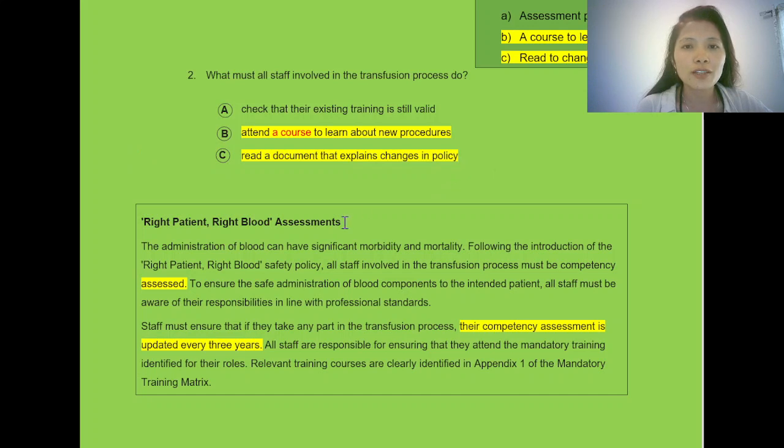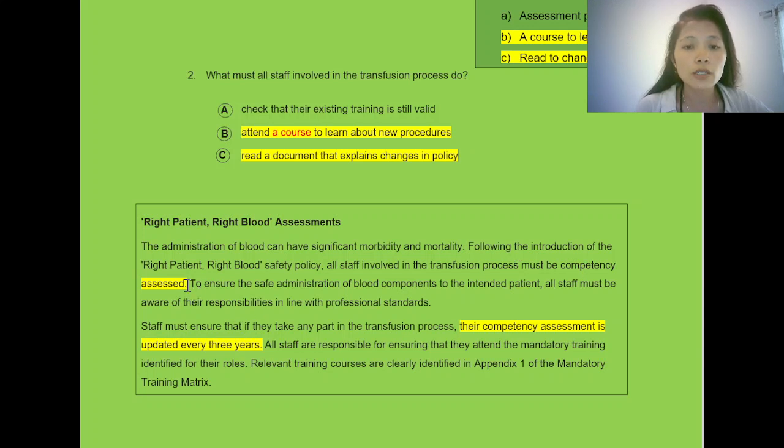I'm just going with the explanation only, and please try to pause your video and go through the explanation again. I'm sure you will get something from my explanation. So these two things are not in the statement. What they have clearly mentioned here is the same. They did not paraphrase. The question is the same here: process must be competency assessed.